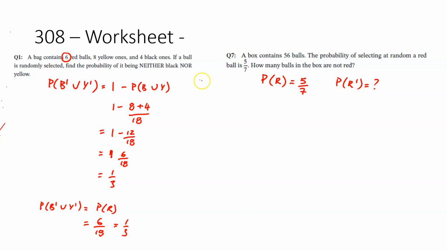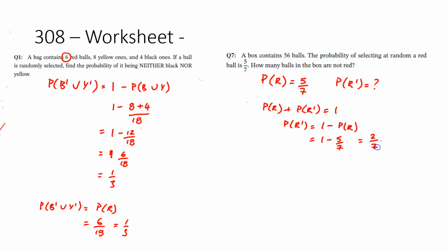We talked about that before: the probability of red plus the probability of not red equals 1. So the probability of not red must equal 1 take away the probability of red, which is 1 take away 5/7, which gives us the answer 2/7.